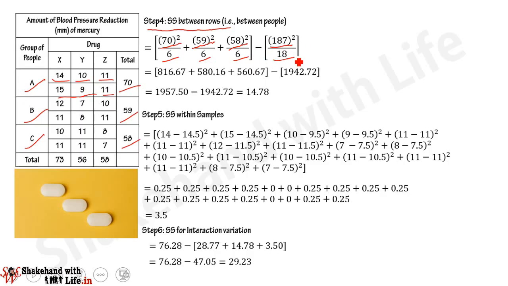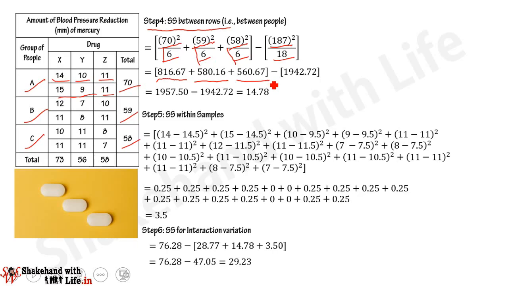Now from the square of 70 divided by 6, we get 816.67. The square of 59 divided by 6 gives 580.16, and the square of 58 divided by 6 gives 560.67, right?